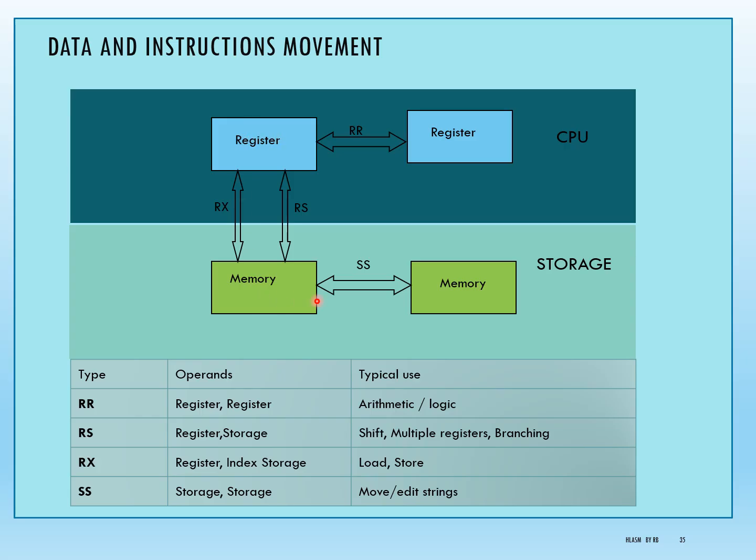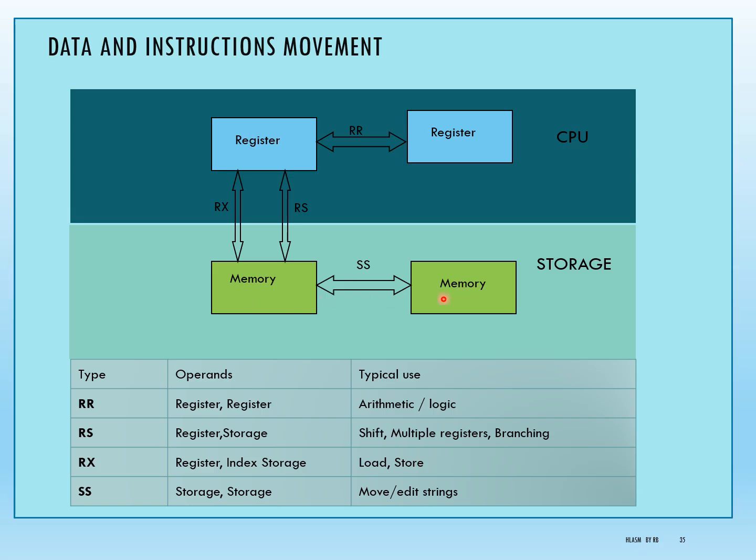Similarly, data can move from memory to memory. You may ask how this is happening. For example, my billing address and my delivery address are the same, and you just want to copy that. Then the address is getting copied within the memory.